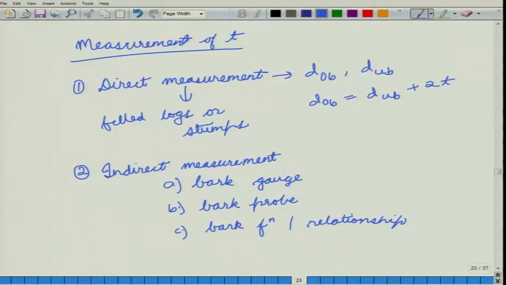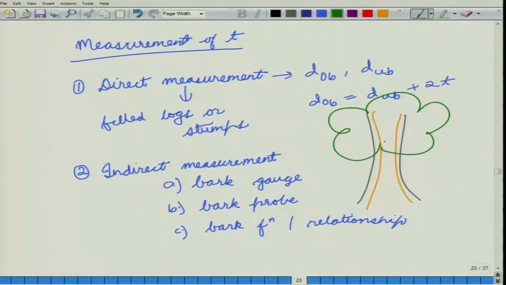So, now you could also ask that suppose we have a tree and it has a bark outside, could we not just take a sample of this bark and then measure its thickness, say using vernier calipers for instance, or by using a screw gauge? Well, that is possible, but the problem with that approach is that bark happens to be an extremely fragile material.